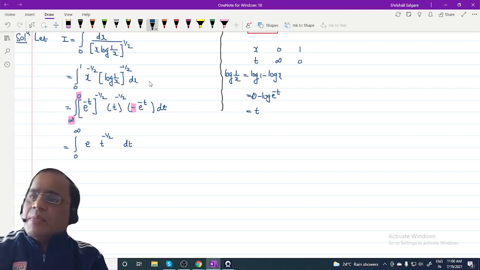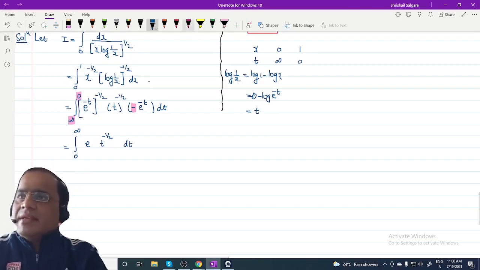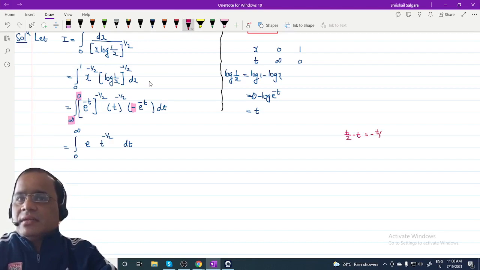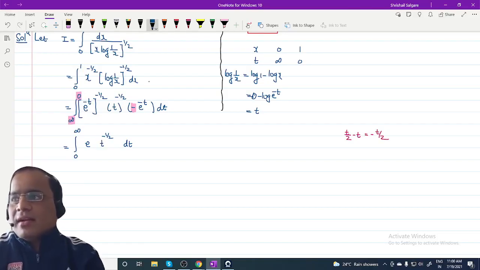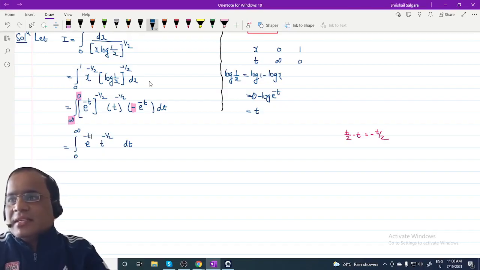Can anyone help me to write the power of e? First one is t by 2. Second one is minus t. Is it right? At least tell yes or no. So it can be written as minus t by 2.